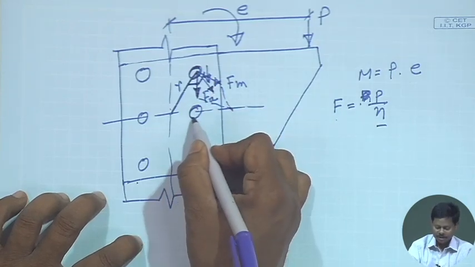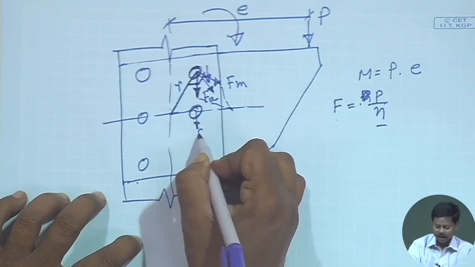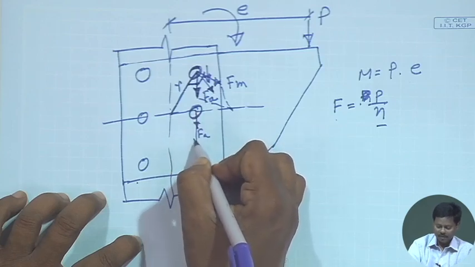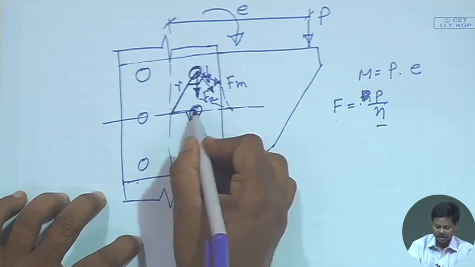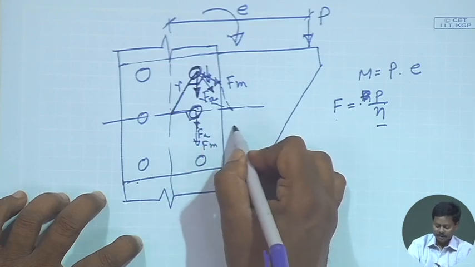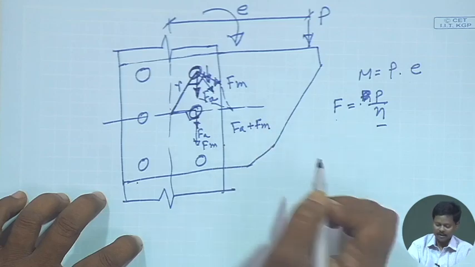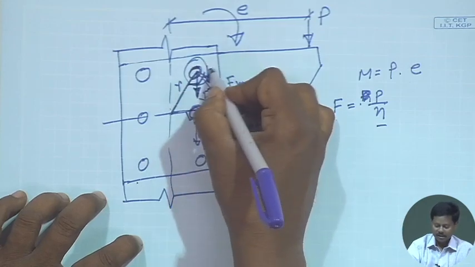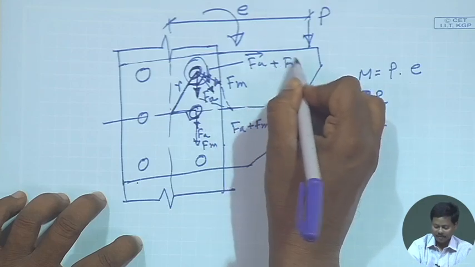Similarly, for this case F A will be this, and F M will be in this direction, because it acts at 90 degrees to the radial distance. Here it will be F A plus F M, directly an addition, but in this case it will be the F A vector plus the F M vector.